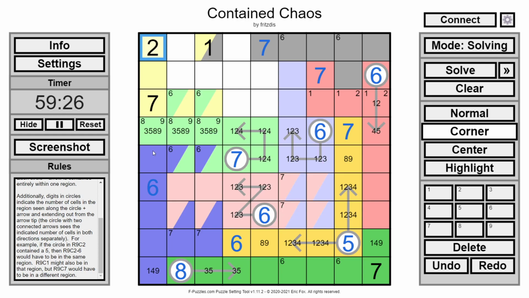Not sure where to look here. Yeah, we have most of the 7s. There's a 7 in here. So what are these 3 digits?